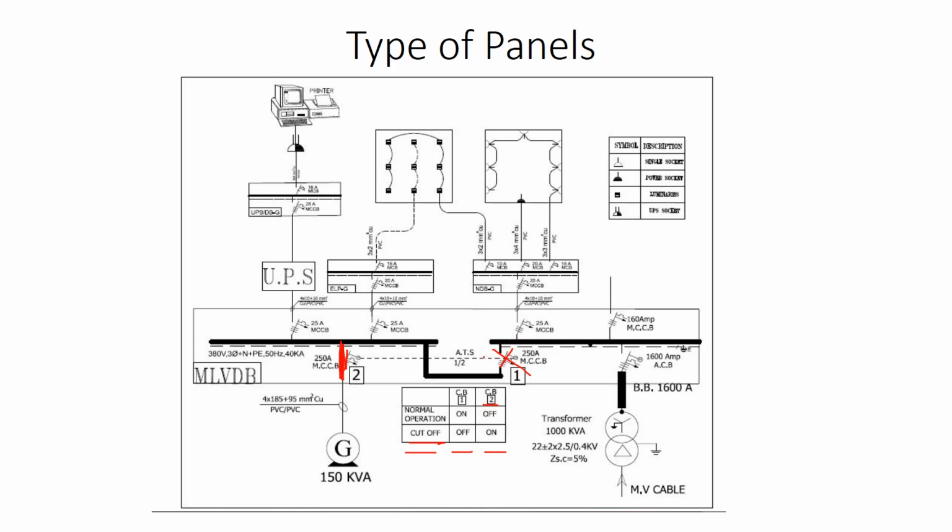Since there is a failure in the electrical power system, no electrical power will go to this bus bar, and circuit breaker number 1 is open, which means there will be no electrical power here. So the electrical power will come from the generator, supplying this bus bar. This bus bar will start supplying power to the emergency panel and at the same time to the UPS panel.